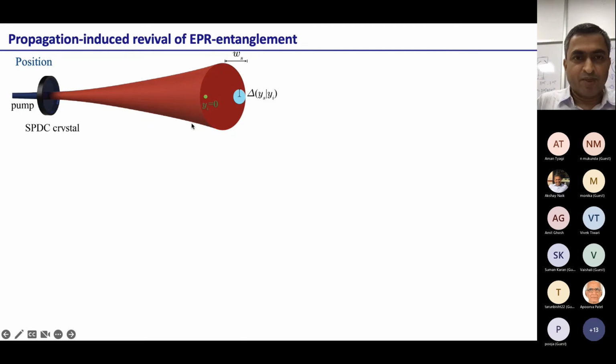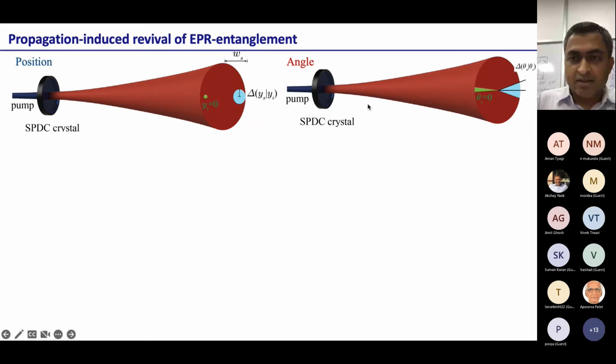So this position entanglement, I just explained that if you have the conditional position uncertainty, then you measure the conditional momentum uncertainty, and if that product is less than 0.5 h-bar, then we call it position-momentum entangled. Similarly, you can have it for angle and orbital angular momentum basis, because just like position and momentum, angle and orbital angular momentum also form conjugate pairs.